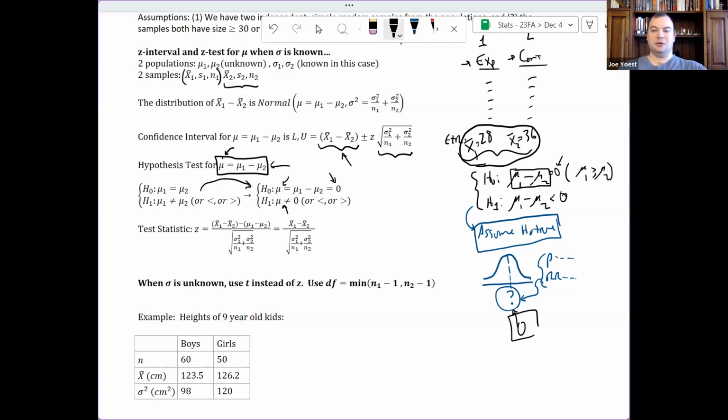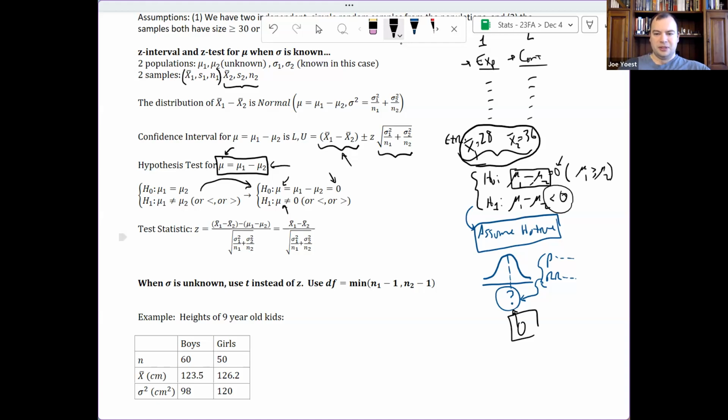This number, x bar 1 observed minus x bar 2 observed. So in this case, it would be -8 would be my x bar observed. My hypotheses are mu equals 0 or mu less than 0 in this case over here. And then I have a certain standard error that's based on sigma 1 and sigma 2 that's a little more complicated to compute, but it's just going to be some number when we plug all that in our calculator.